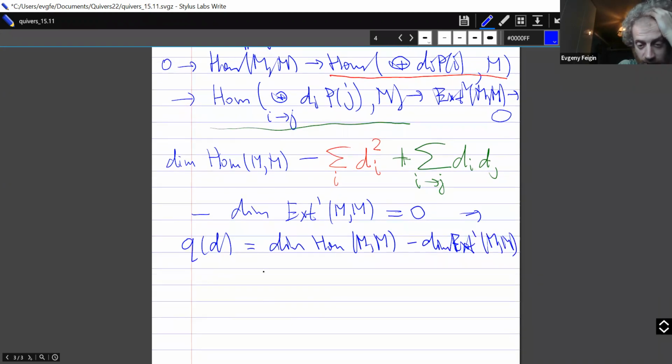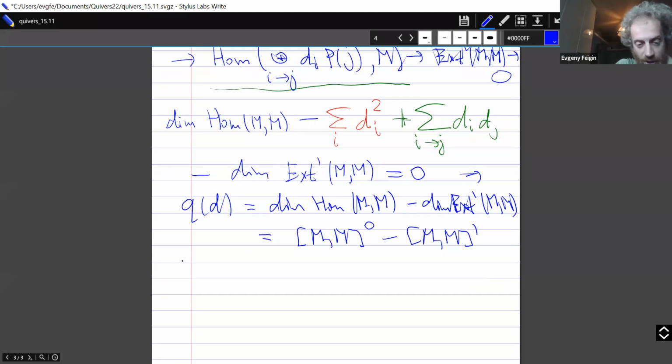And just a notation: sometimes this is denoted by M upper index 0 minus M upper index 1. This is just a notation.